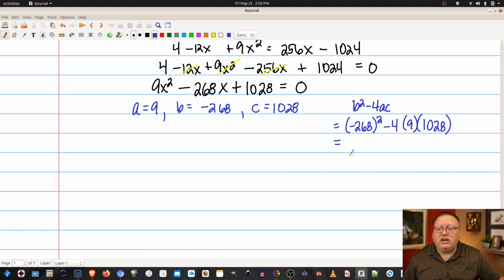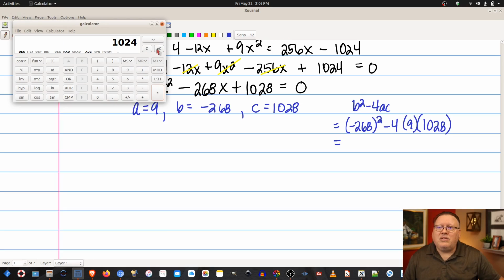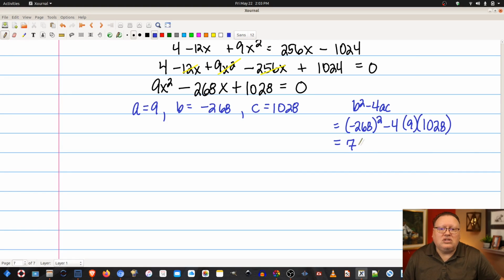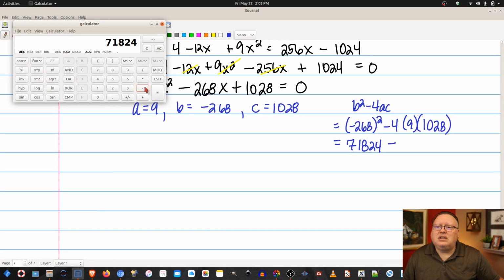We need our calculator, so let's pull that up. I'm going to clear this off, and we end up with negative 268 squared. I'm just going to say 268 squared. That'll be the same thing. So we get 71,824. So 71,824 minus, let's see what else we get. Minus 4 times 9 times 1028.